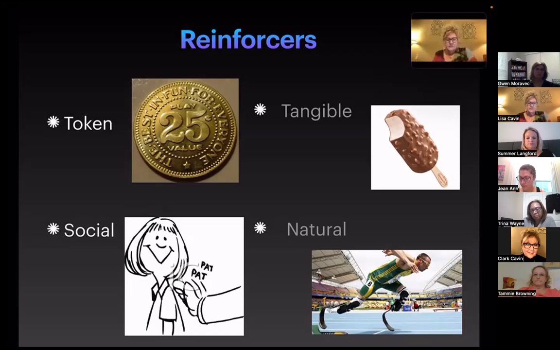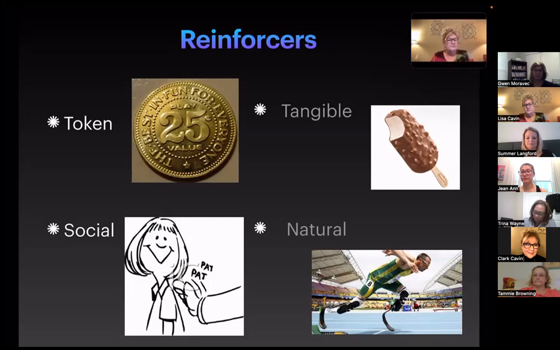And usually by the time you get to middle school, you've moved away from giving a token of some sort to keeping it in a point book. But it can be tokens or it can be points, but it still serves as a reinforcer. And the good thing about those is they can be traded for other things. The bad thing about them is if they don't equate to anything that the kid wants, why bother?